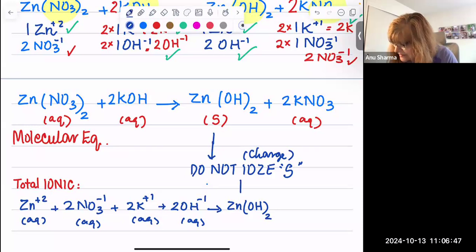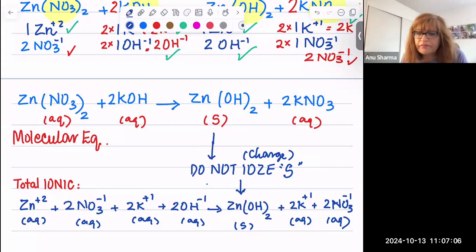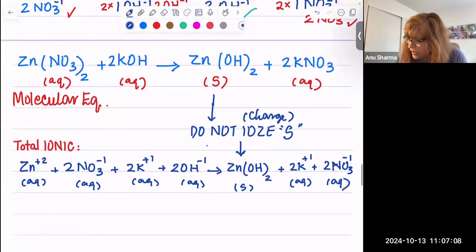And so in this case, it is this guy, zinc hydroxide. Okay, and zinc hydroxide is a solid. Plus, now you have 2 potassiums plus 1 charge aqueous, and you have 2 nitrates. Remember, this is 2 nitrates minus 1 charge aqueous. Got it? So this is the total ionic.